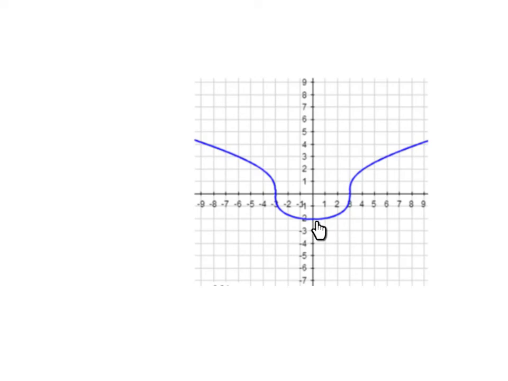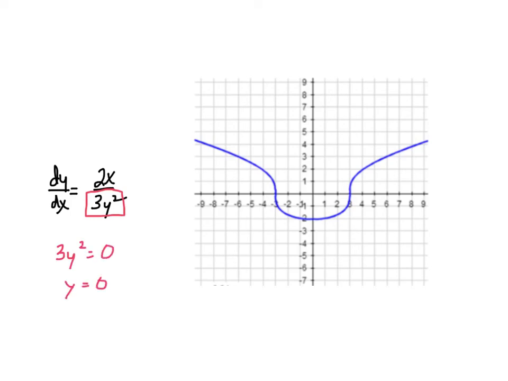The one other thing I wanted to mention, my derivative was this. And I was really just focusing on the numerator before. Remember I said I wanted the derivative to be 0, so I set 2x equal to 0. Well, if I set the bottom equal to 0, of course y would have to be 0.